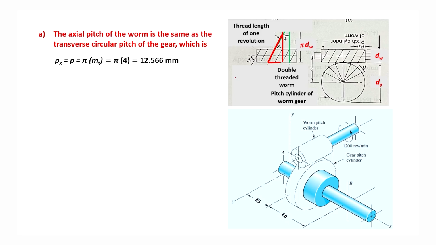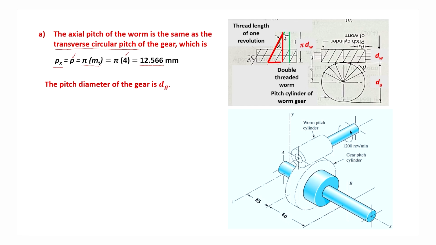If the module is m for the gear, then the transverse circular pitch is given by pi multiplied by mt. So the axial pitch of the worm is pi multiplied by the transverse module, that is pi multiplied by 4, because the module is given as 4 mm, and so the axial pitch is 12.566 mm.